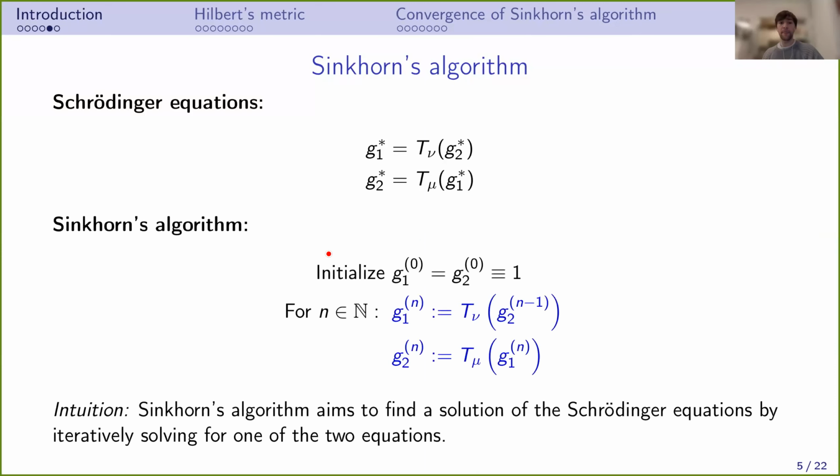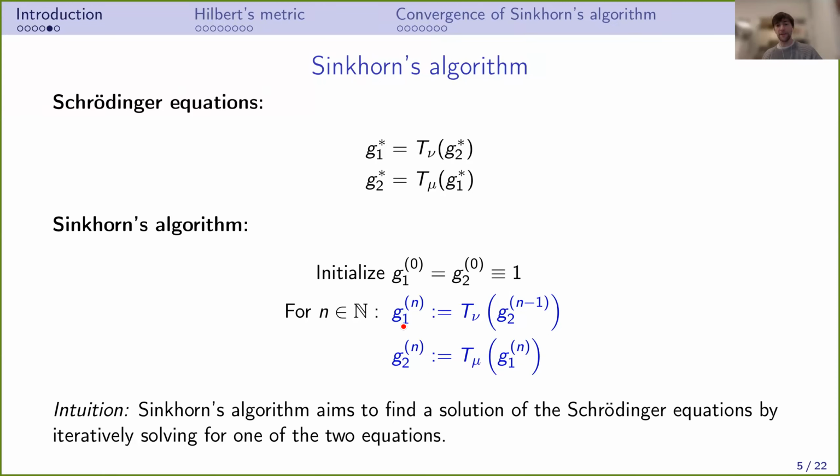And what Sinkhorn's algorithm is doing is just trying to find a solution of these equations by iteratively solving one of the two equations. So it's very simple. We initialize the functions g1 and g2 somehow, for instance, just to the constant 1 function.